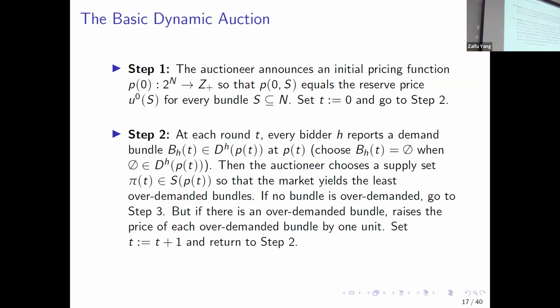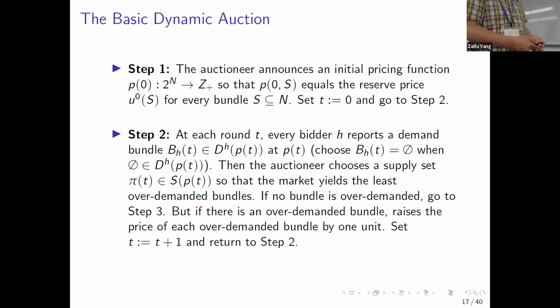Okay. If there is no over demand, then we go to step 3, so basically the auction will stop. If there is an over-demanded bundle, then we increase the price of every over-demanded bundle by 1 unit, and do not change the price of any other bundle.